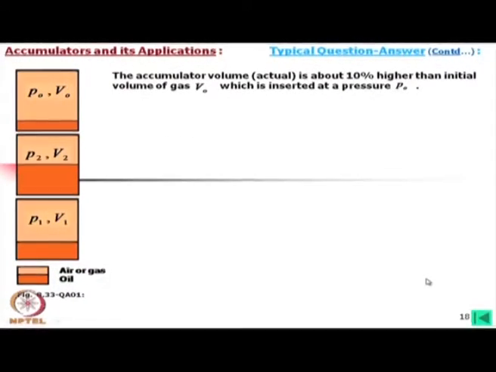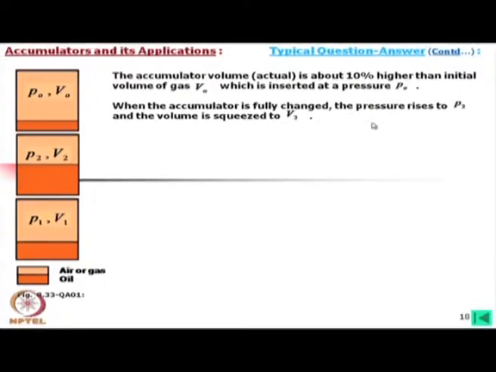Now, the actual accumulator volume is about 10% higher than this, which I have explained already. So, you can mention that thing, that is why the figure is like that. And when the accumulator is fully charged, the pressure rises to P2 and the volume is squeezed to V2.